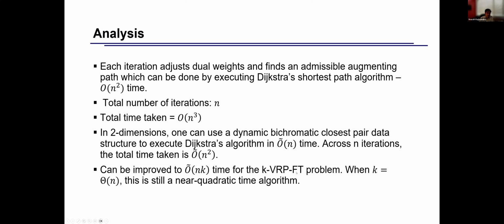For the vehicle routing problem, the version that I described, you can get a slightly better bound of nk using the same techniques. But as you can see, when k is theta of n, this is still quadratic, right? And both from a theory standpoint as well as from a practical standpoint, the interesting case is when k is theta of n.